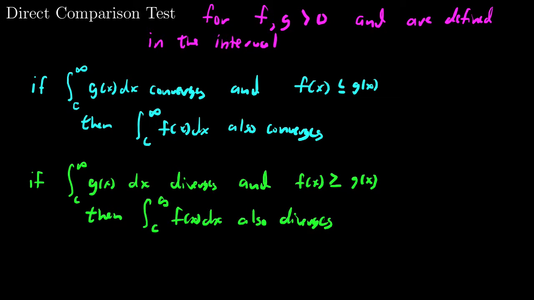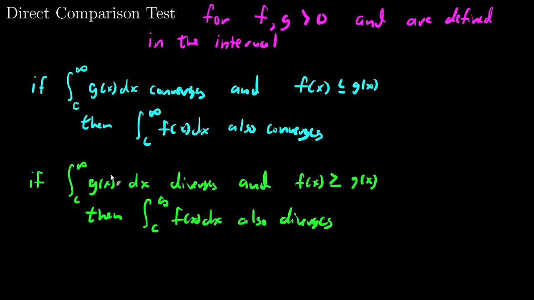And here's the idea, here's the reasoning. If g converges, that means it settles down to a finite value. It has, in a geometric sense, a finite area. I know f is shorter. All the heights are going to be smaller in this integral. So if this thing had a finite area and this thing has shorter heights, it will also have to have a finite area.